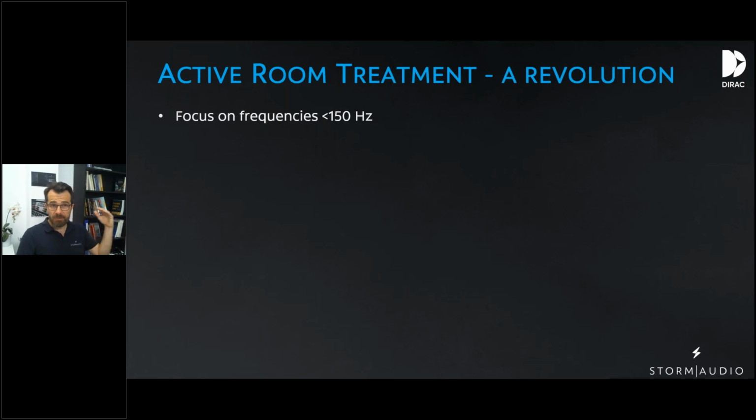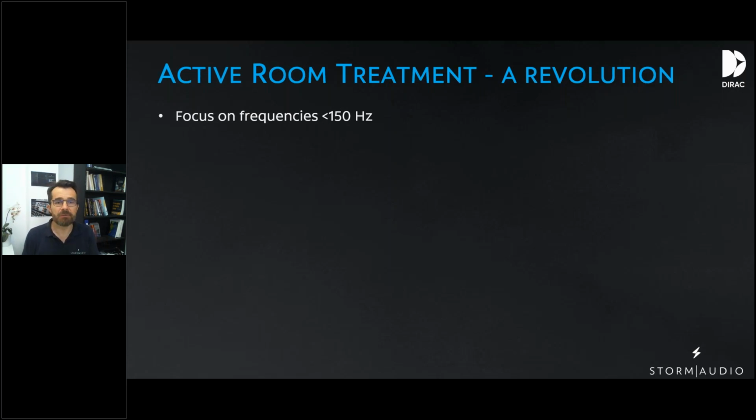What you need to keep in mind about active room treatment is that it is not taking care of the full frequency bandwidth, and you don't want to go into equalizing a full bandwidth system. The results are usually not the best. What you need to understand is that passive treatments are the most efficient on the range above 150 Hz.